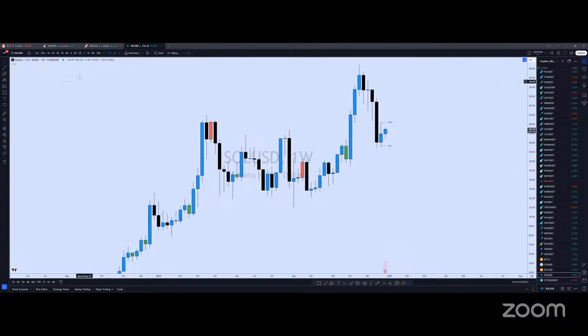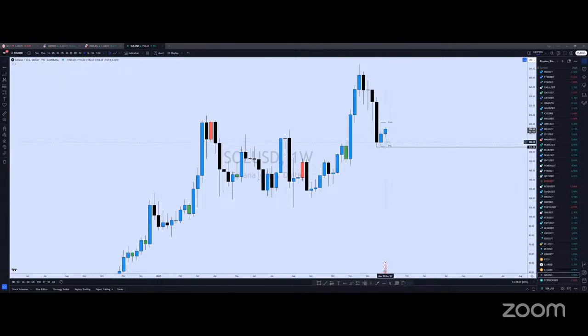that wasn't the case. From the weekly perspective, I wanted them to take out the previous week low. If they had taken out that previous week low, which is the 16th of December's low, then I would have expected them to go up this week. But since they did not take out that low, which is this one here, I was expecting them to take that low out first and then start moving higher, but they've not taken it out.